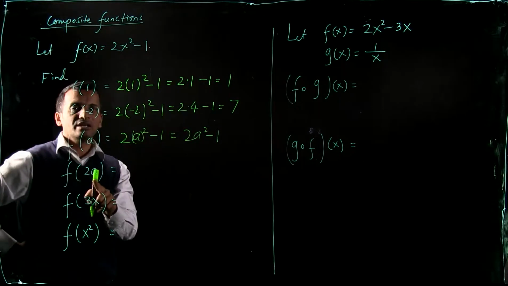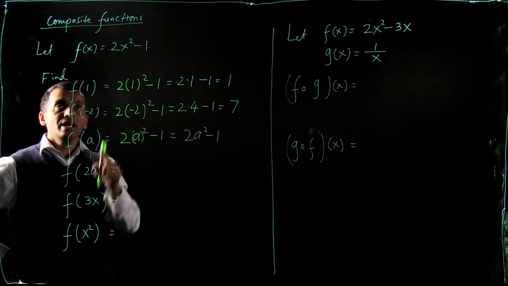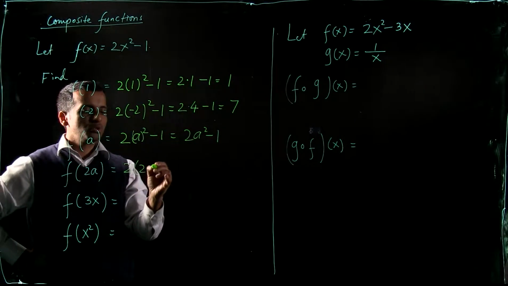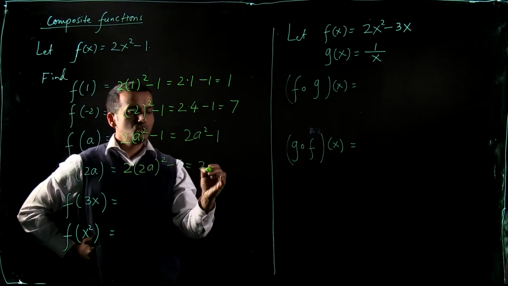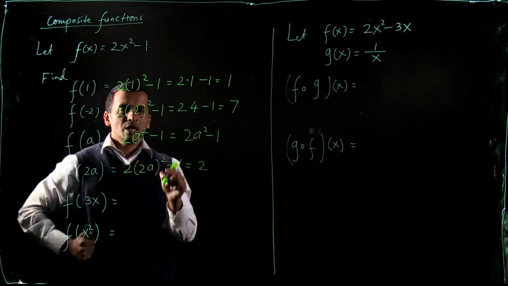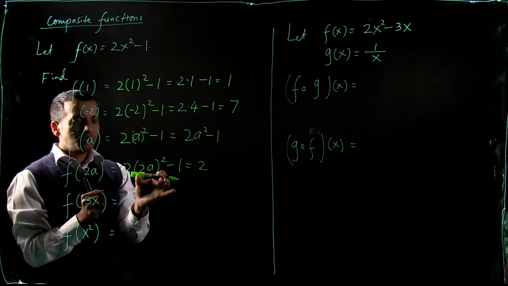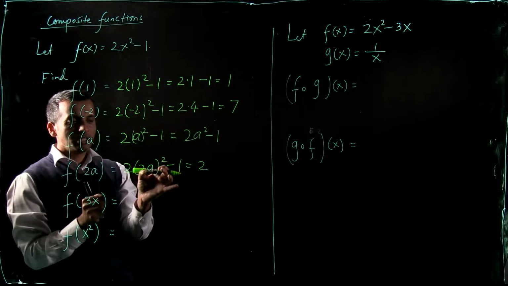How about f at 2a? What does that mean? You replace x by 2a. So you get 2 times 2a squared and then minus 1. What is 2a whole squared? Whenever you simplify this type of expression, you should first work with the parenthesis.